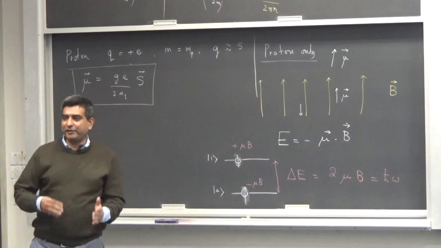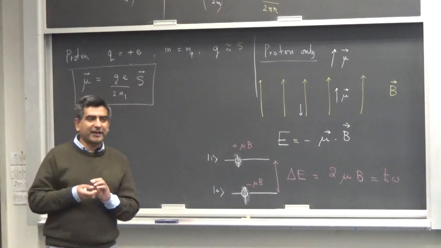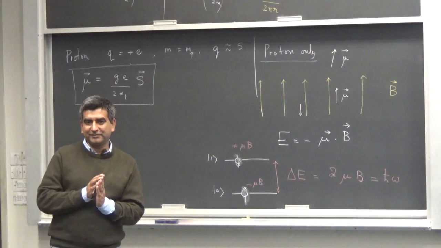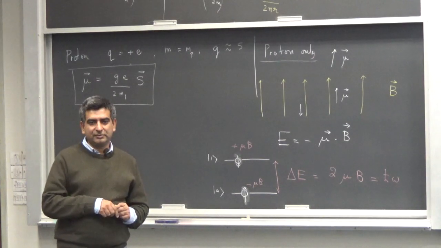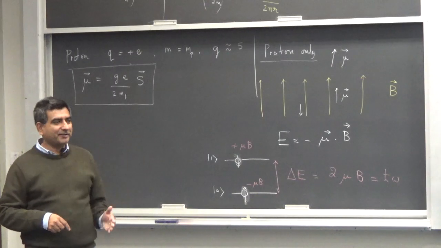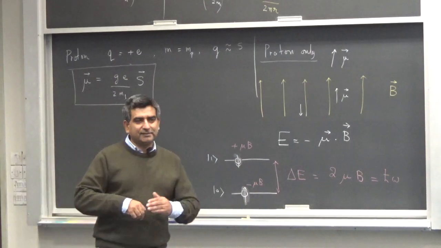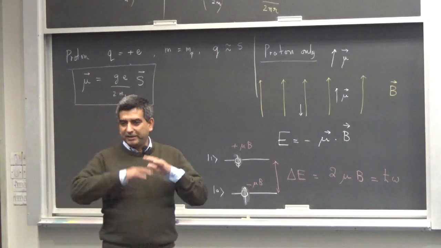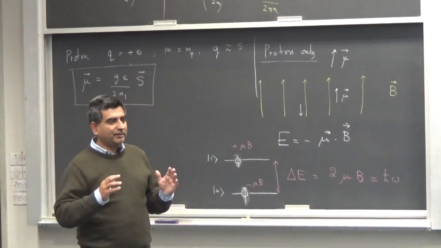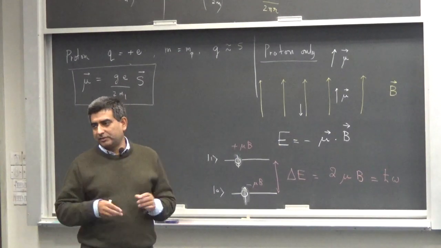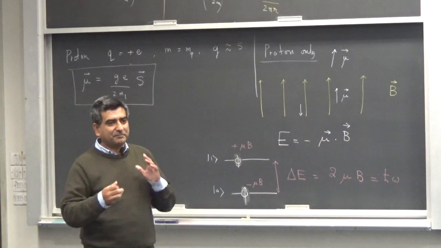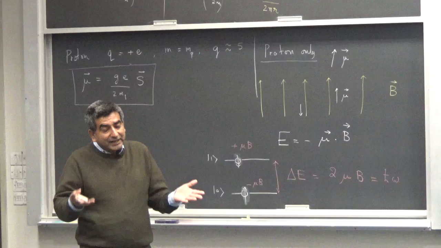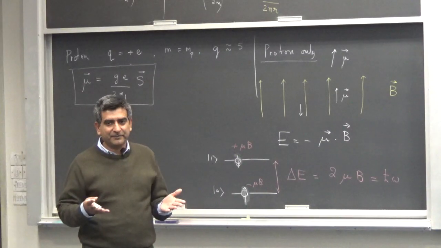So ket 0 really corresponds to parallel alignment of the proton spin with the field, and ket 1 corresponds to the opposite configuration. In space it's anti-parallel, it's anti-aligned, but in the Hilbert space or on the Bloch sphere, these states are orthogonal. Orthogonality in the Hilbert space does not really mean being 90 degrees apart. So orthogonality, as you know, has a special meaning.